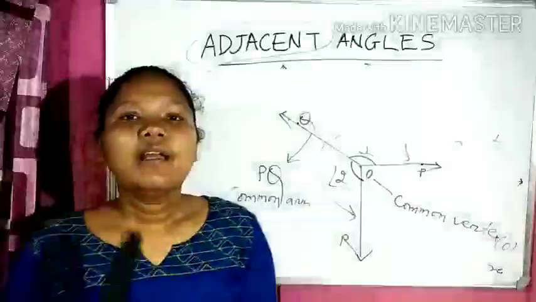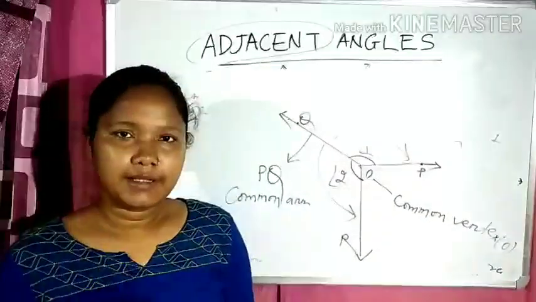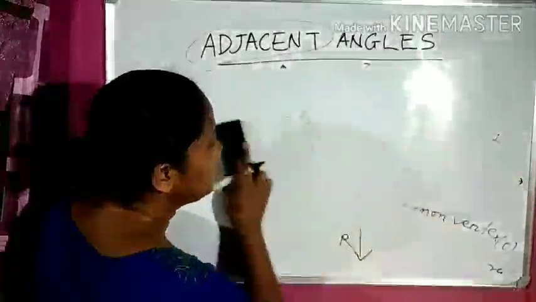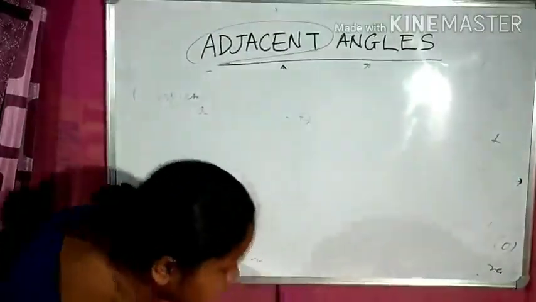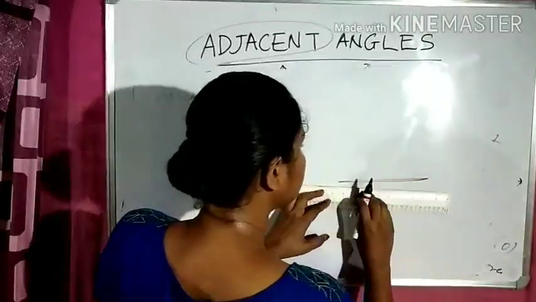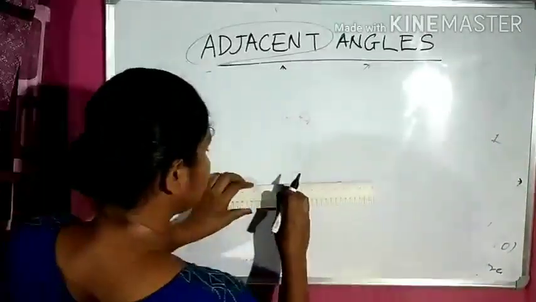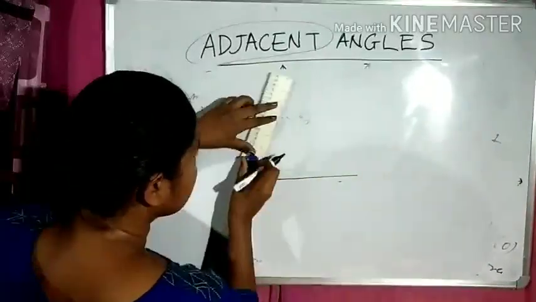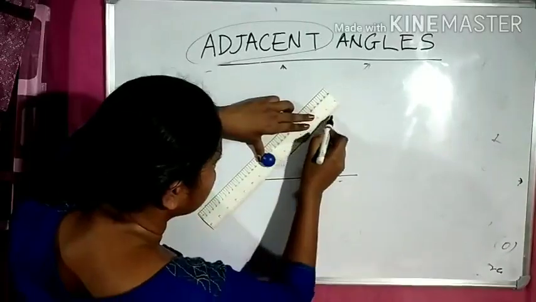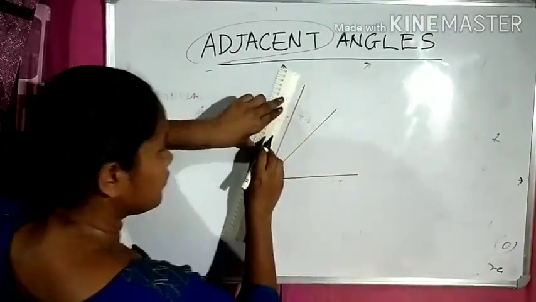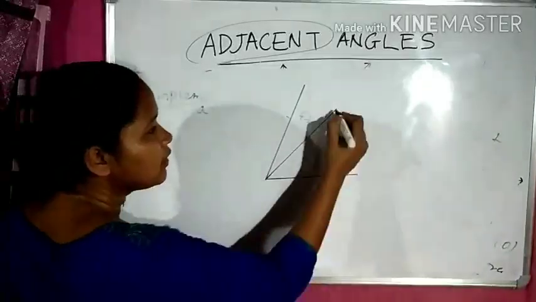Next it is asking, can two acute angles be adjacent angles? So let's draw two acute angles. We have already drawn like this.